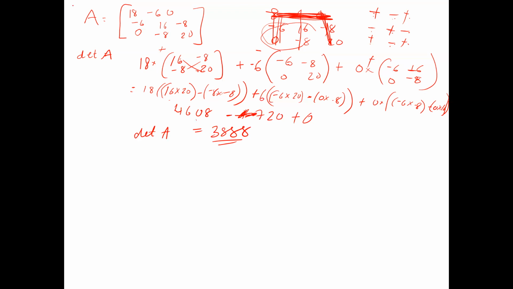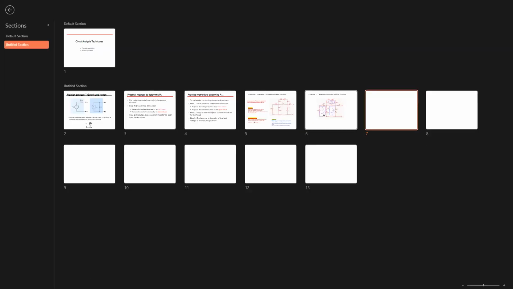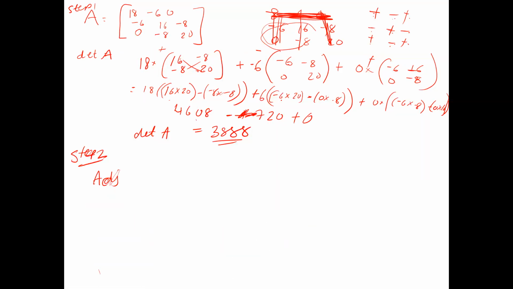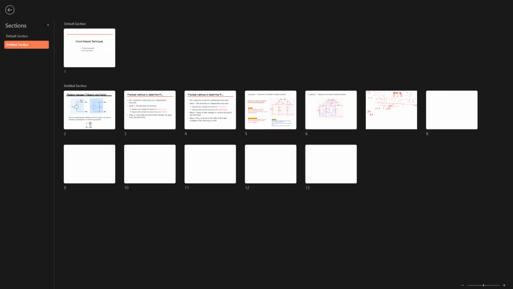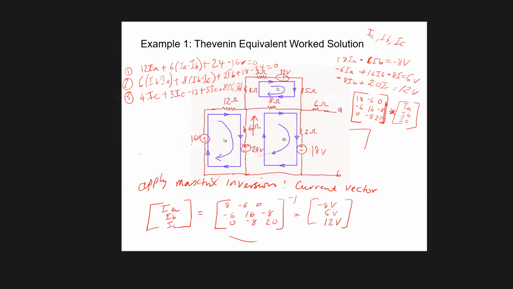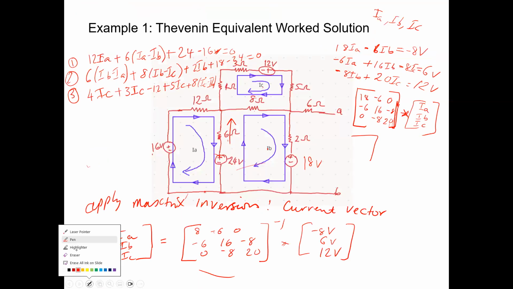So now step 2, assuming this is step 1. We need to find the adjoint or cofactors. Sorry, I just need the eraser.